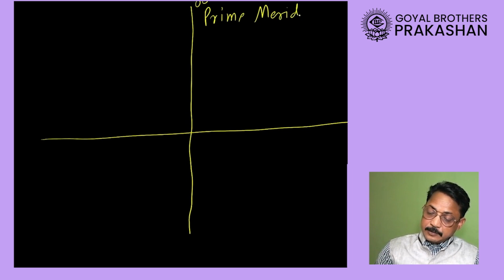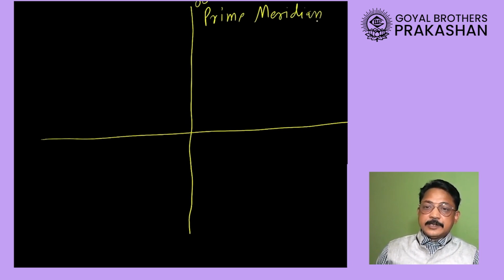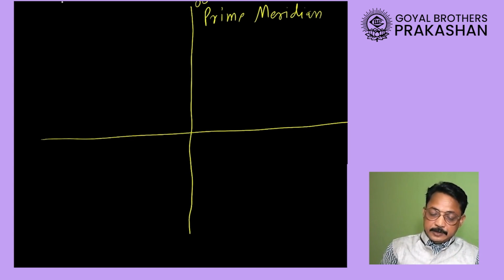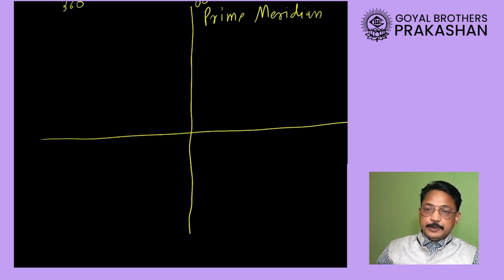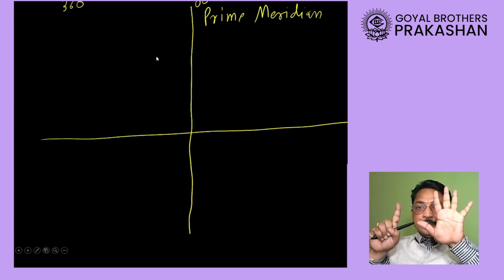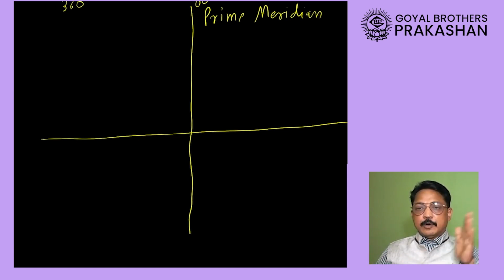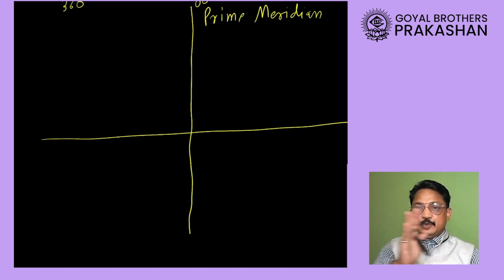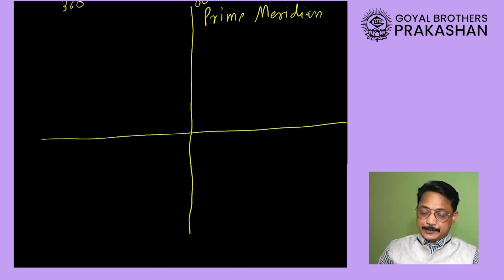Dear students, the world geographers have divided the longitudes. There are a total of 360 longitudes. They have divided these longitudes in groups of 6 longitudes from west to east.